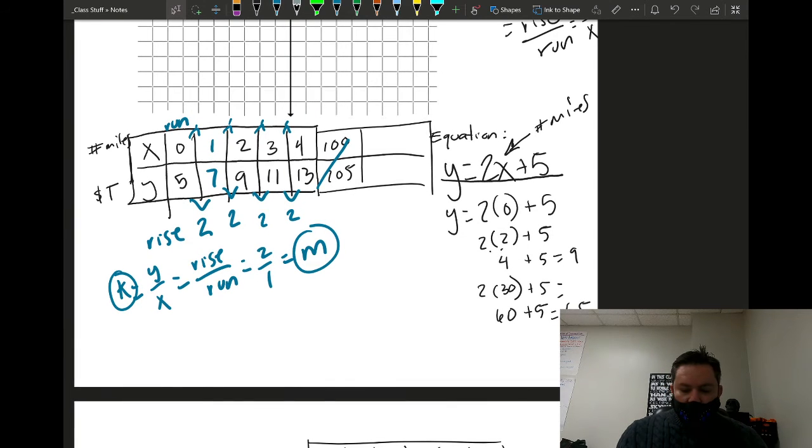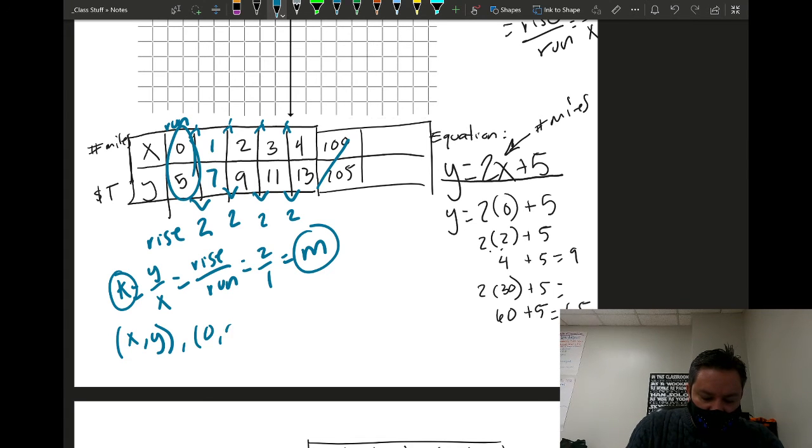So now, with this table that we have created, we can create the ordered pairs, okay? The ordered pairs of the points that are gonna go in the coordinate plane. So all we gotta do, remember, when we talk about ordered pairs, x comma y, the first ordered pair is gonna be 0 comma 5. Remember, this is x, this is y.